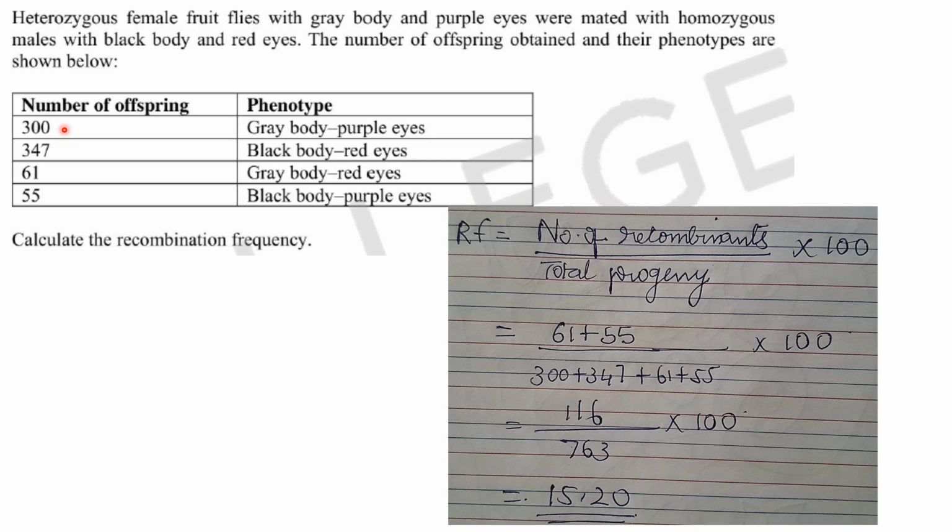So they are your parentals, whereas these 61 and 55 are your recombinants. They will be lesser in number than the parentals. So the number of recombinants will be 61 plus 55, and total progeny means you have to add all these: 300 plus 347 plus 61 plus 55, into 100, and you will get 15.20. So that is the recombination frequency.